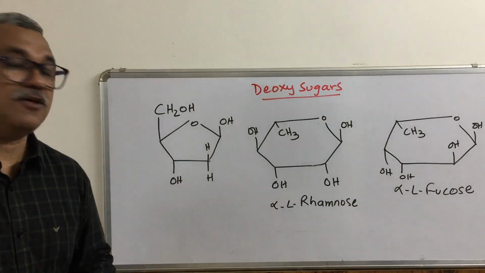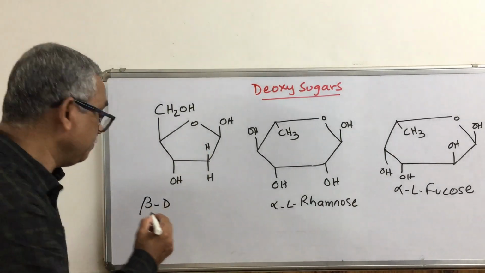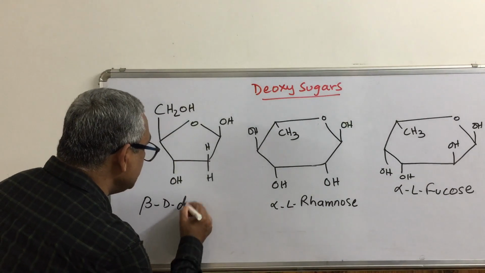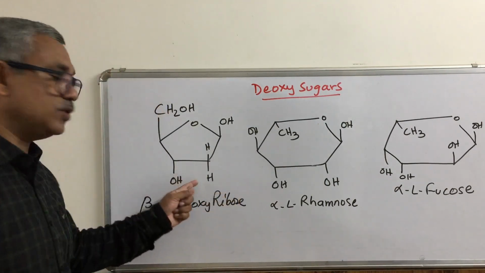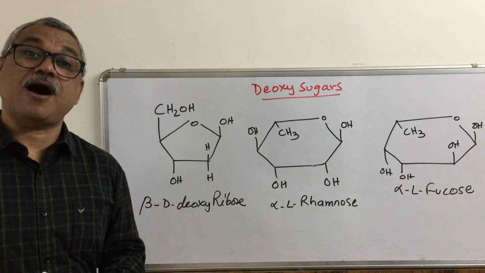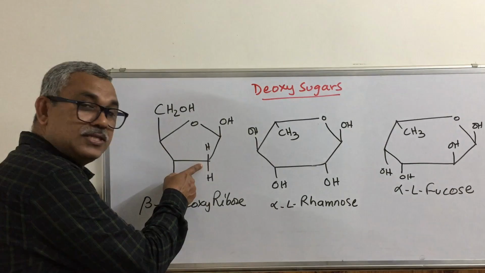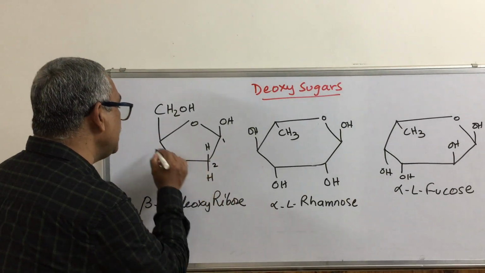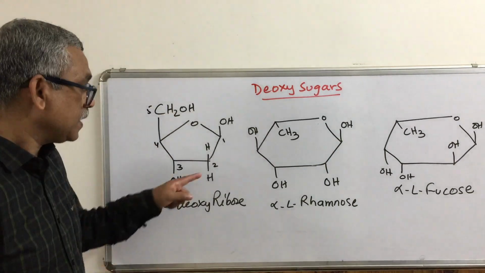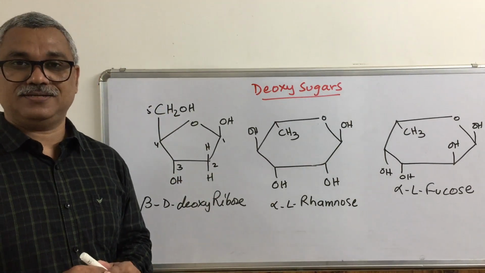For example, the first one is beta deoxyribose. This is the first one, which is present in the DNA molecules. You can make out that at position number 1, this is position 1, 2, 3, 4 and 5, an oxygen is removed.